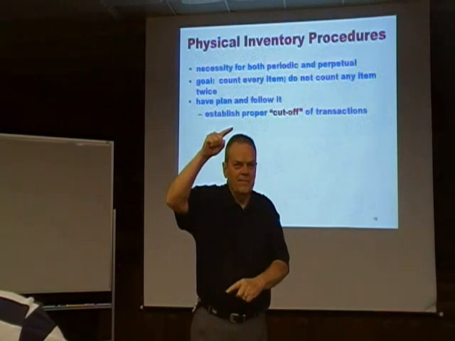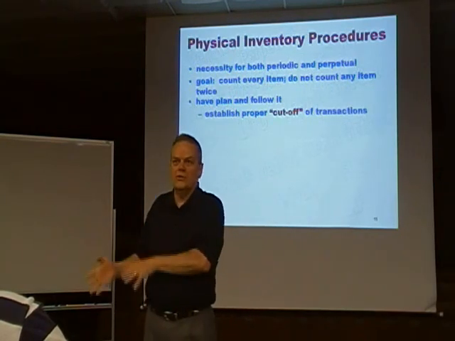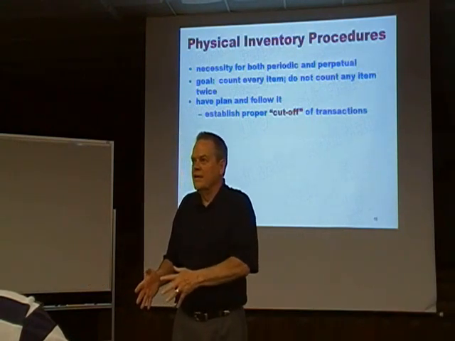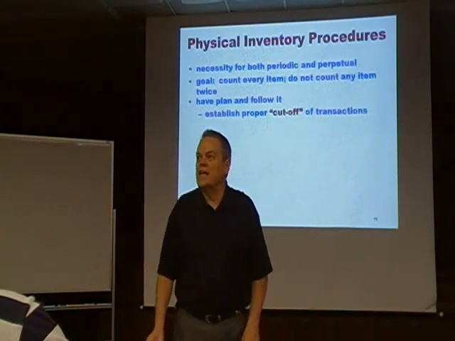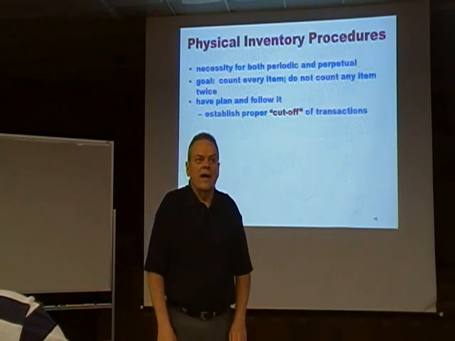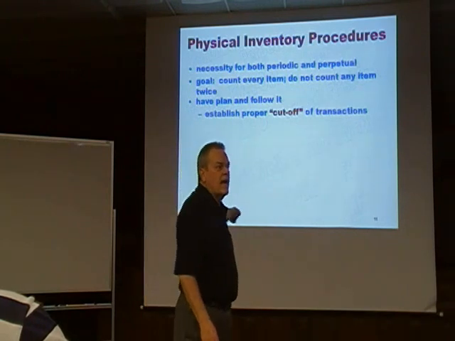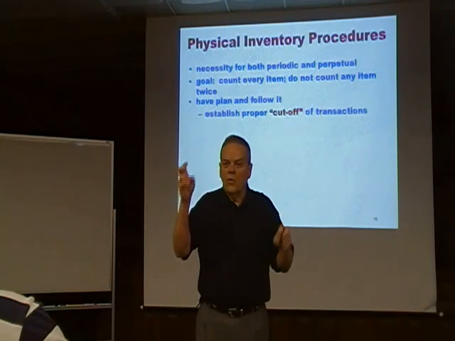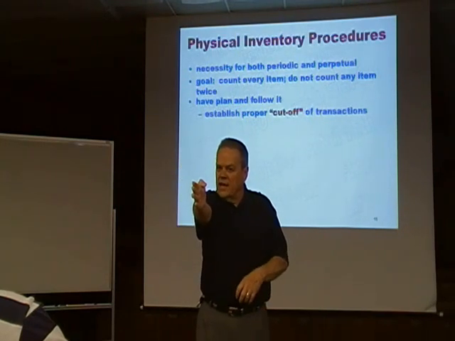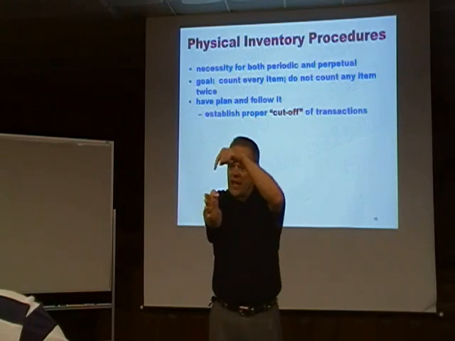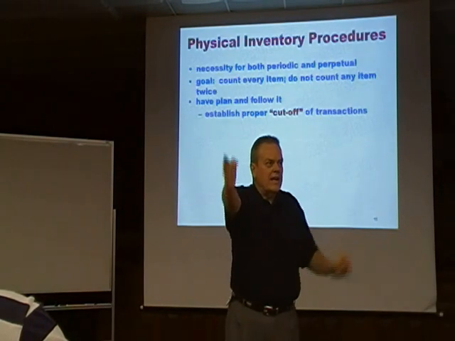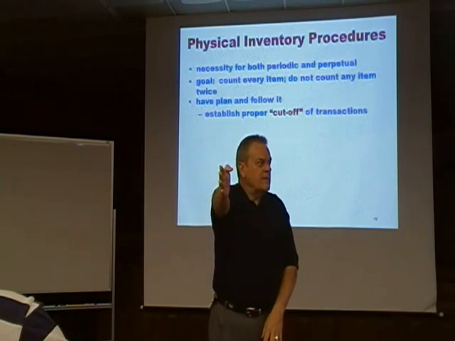Y'all with me here? And we were closed on Sunday, and sometimes closed on Saturday. We had some opportunities to take inventory. I think it's a lot more complicated to establish this idea of cutoff. Where are we going to draw the line and say, these transactions led up to the end of the year and these transactions are in the new year? That's what I mean by cutoff.